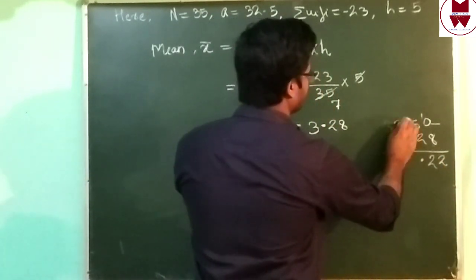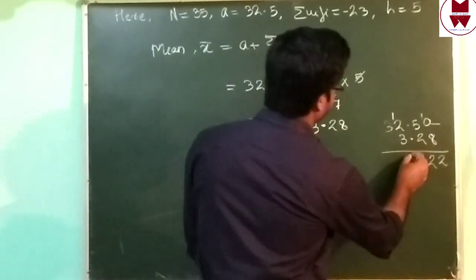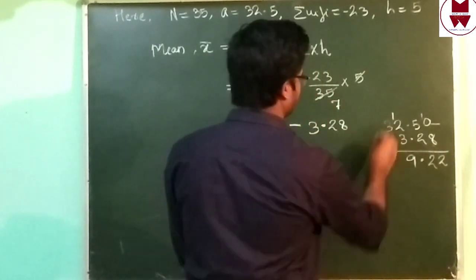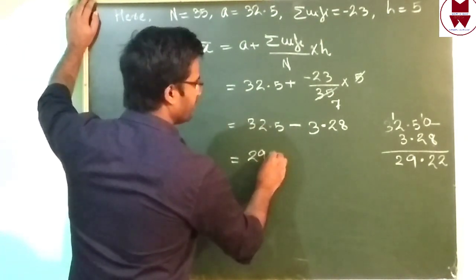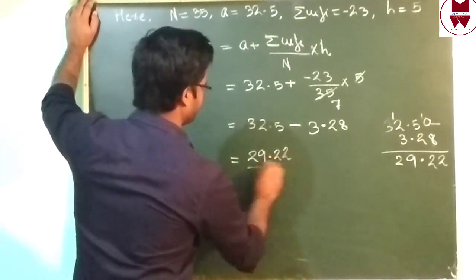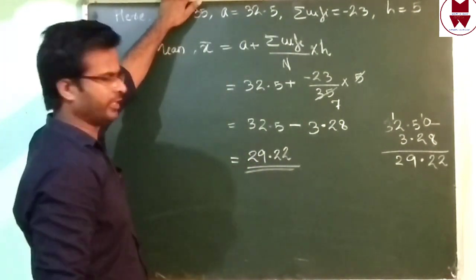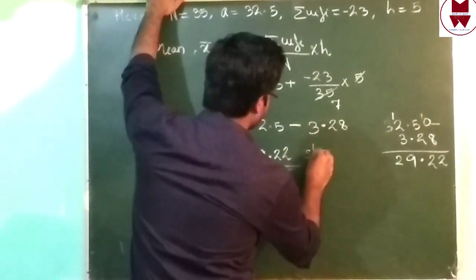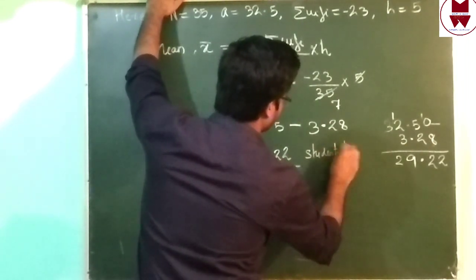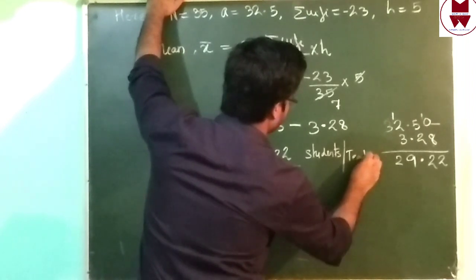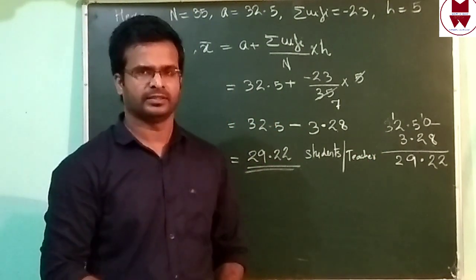Then in here 12. 12 minus 3, 9. Then remaining we will get 29.22. This is our mean. What will be unit? Students per teacher. That is our mean.